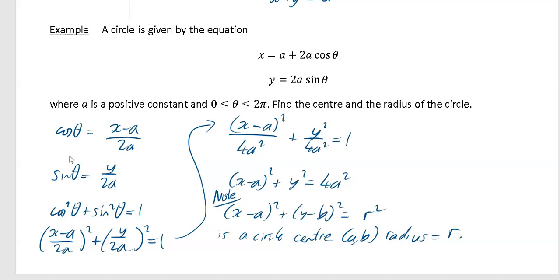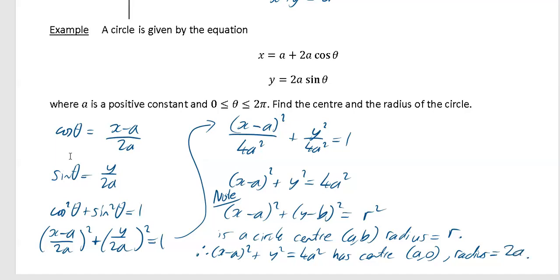So make a note of that. Therefore, x minus a all squared plus y squared is equal to 4a squared has center, in this case, a, 0, and radius is going to be the square root of 4a squared, which is just going to be equal to 2a.